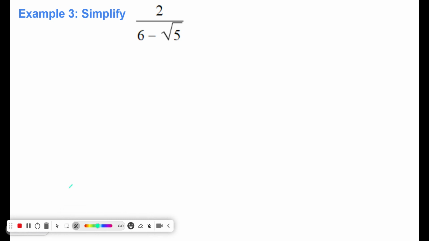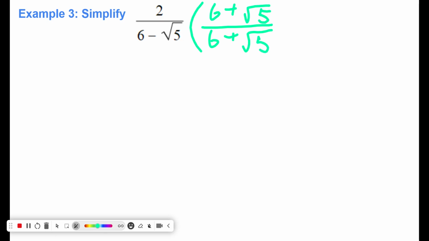We're going to multiply by the conjugate. We see a subtraction symbol here. So we're going to multiply the top and the bottom by 6 plus the square root of 5. We are again multiplying by a creative version of the number 1, because this divided by this is 1.